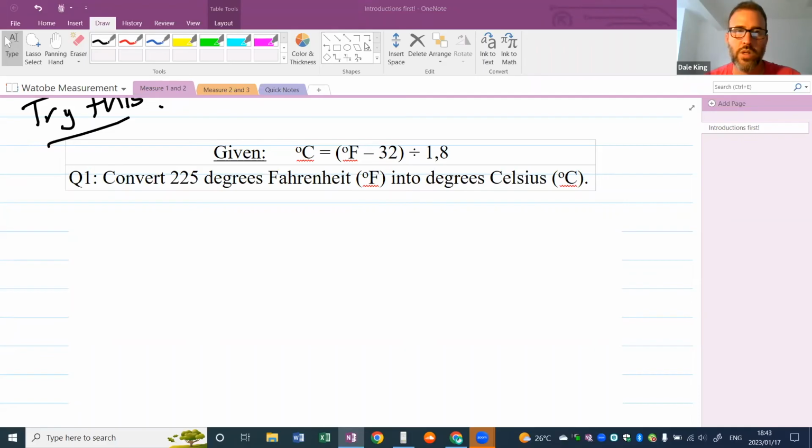So 225 degrees Fahrenheit, use that formula and convert it for me into degrees Celsius. All right, shouldn't take too long.